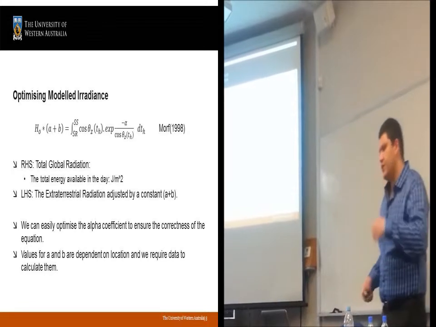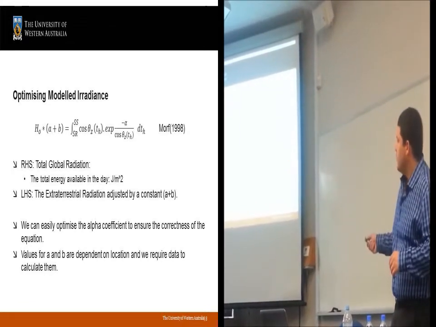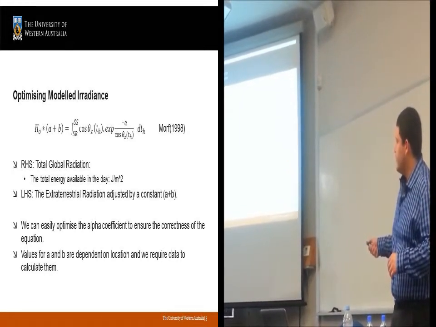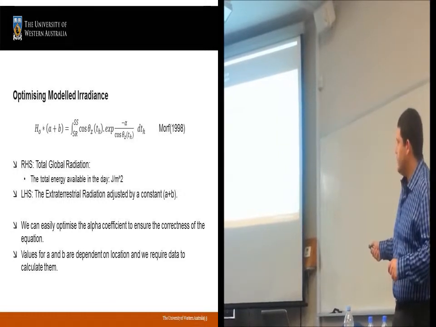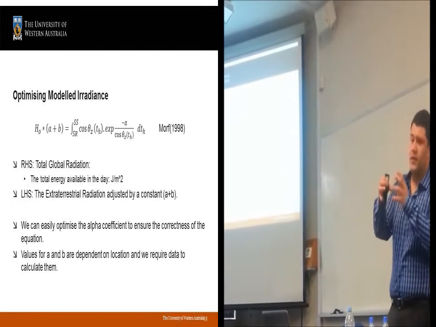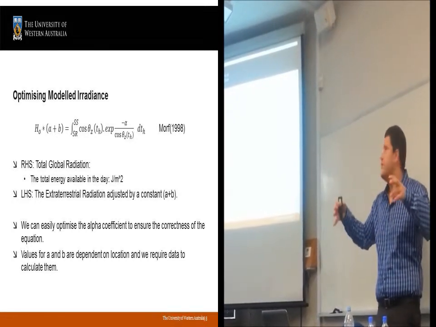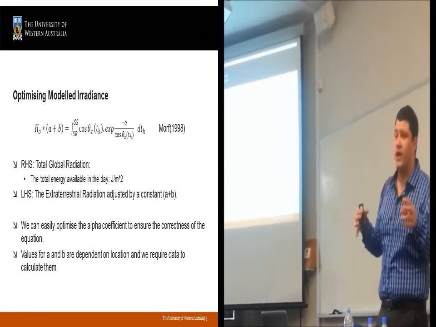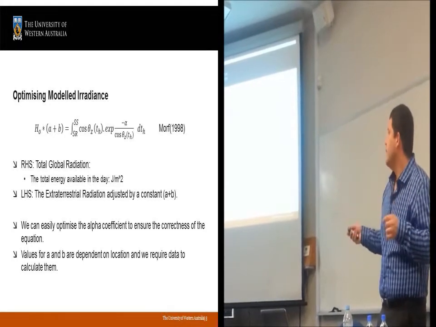So the procedure we utilised. We know the equation for global irradiance at a point in time t. If we integrate the irradiance over the whole day, we will get the total energy available over that whole day.